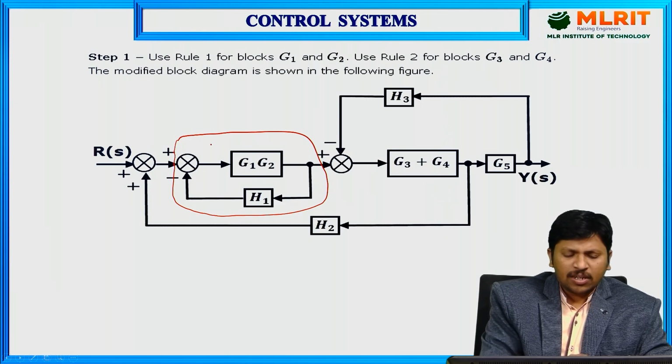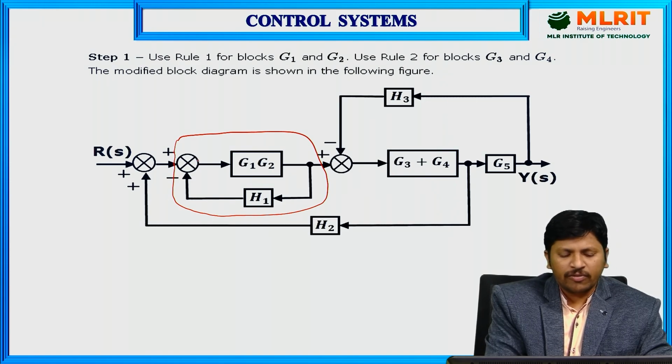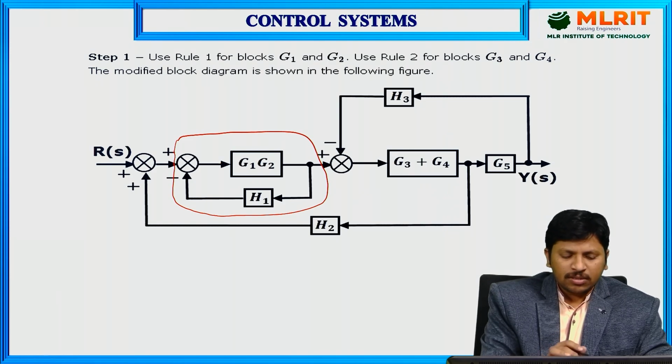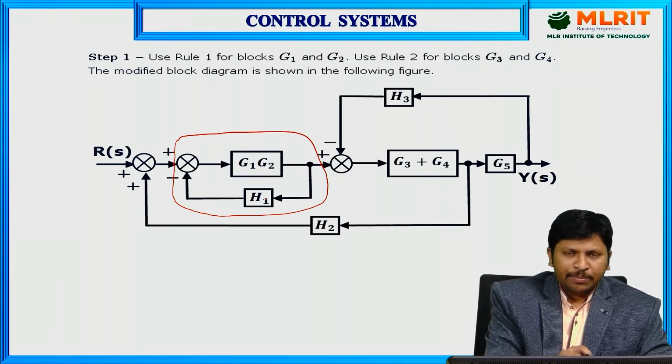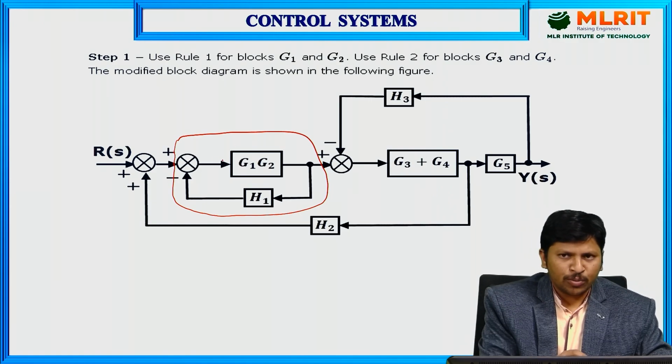So this is the rule we are going to use to eliminate the negative feedback. The feedback signal ends with a negative symbol, so it is negative. So we are going to eliminate the negative feedback block diagram by using the block diagram reduction rule.